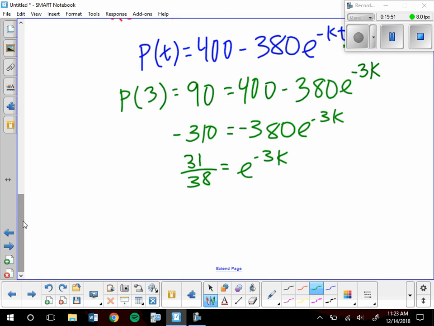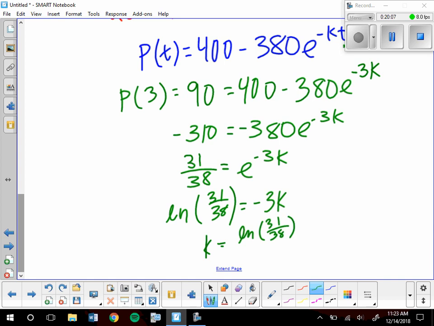I'm going to take the natural log of both sides. Get natural log of 31 over 38 equals negative 3k. And so k is going to equal natural log of 31 over 38 divided by negative 3, which using a calculator is about 0.068.